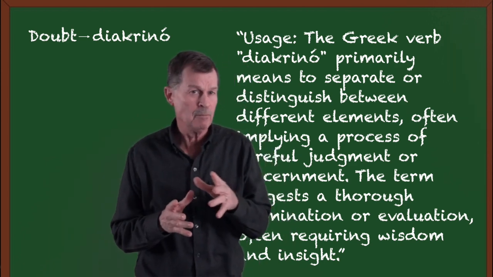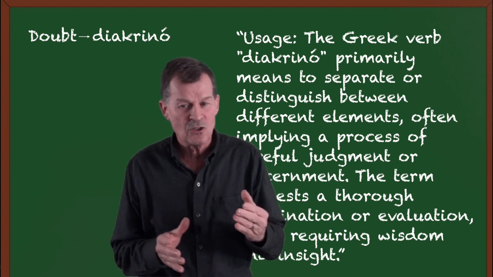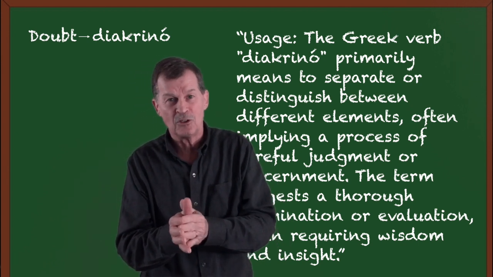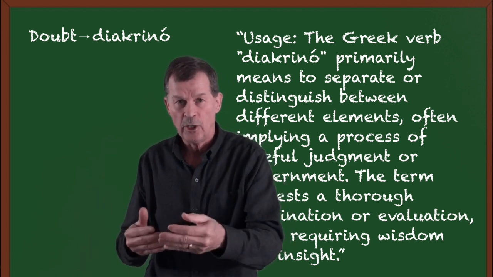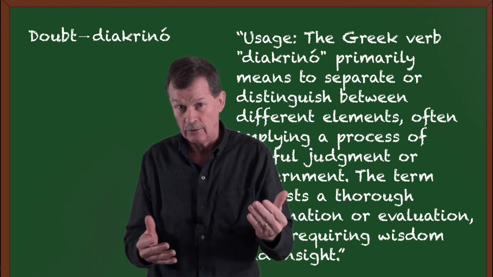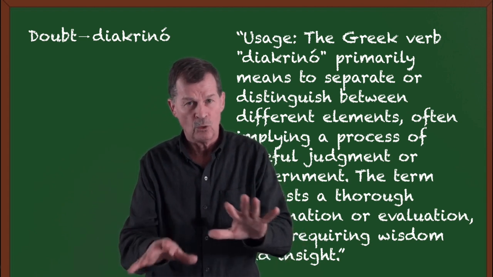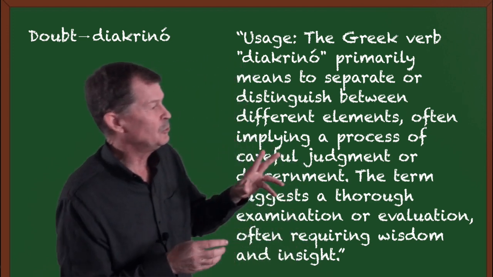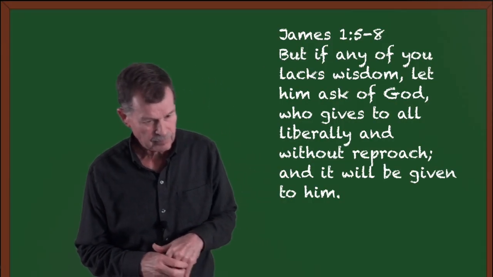So what we're talking about here is a Greek word that seems to include then study, thinking, discerning, critical thinking. Which one is true? I doubt one. And so it's requiring wisdom and insight.